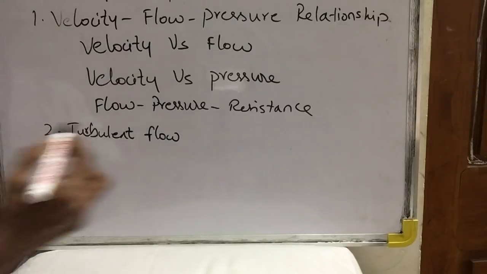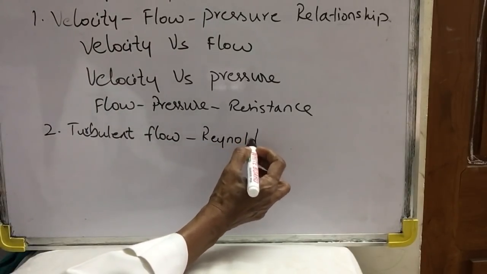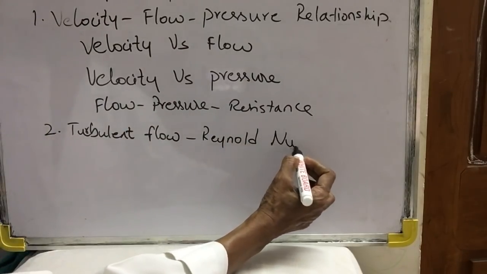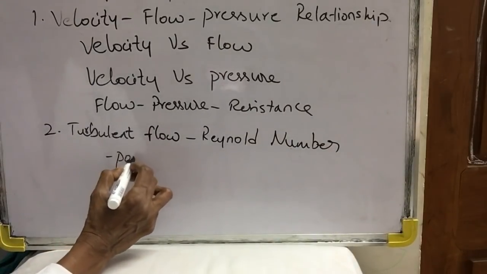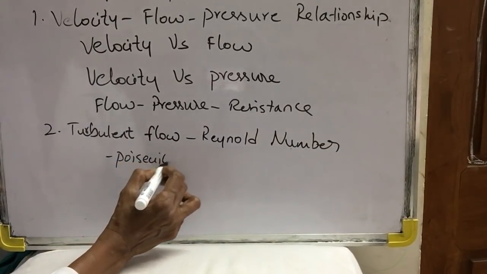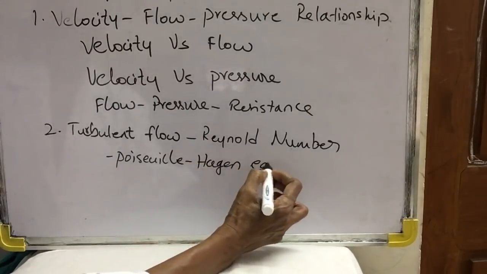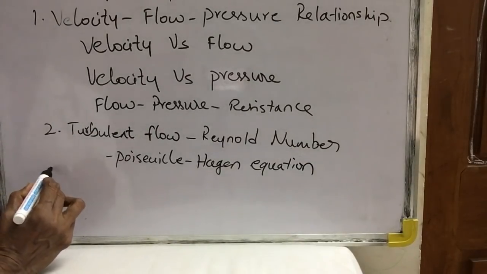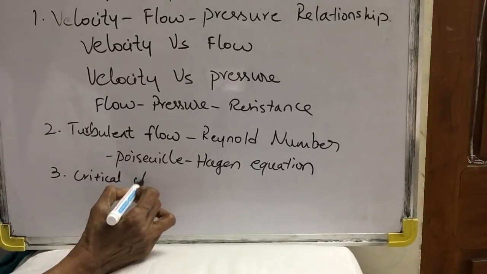And in this aspect, we'll talk about the Reynolds number, which determines the turbulence of blood flow, and also the Poiseuille-Hagen formula or Poiseuille-Hagen equation, and critical closing pressure.